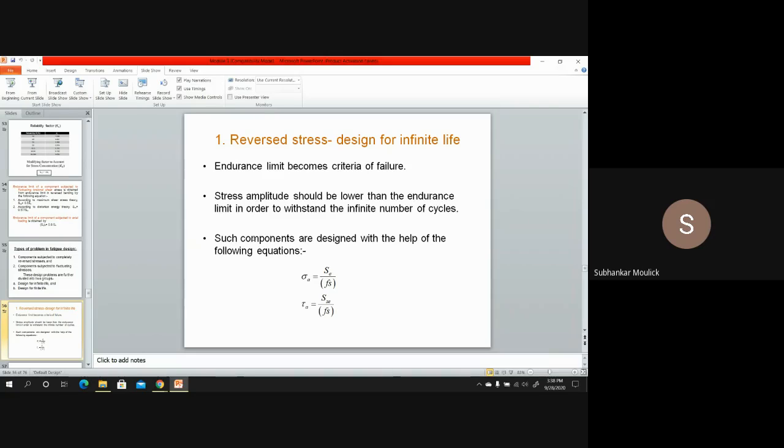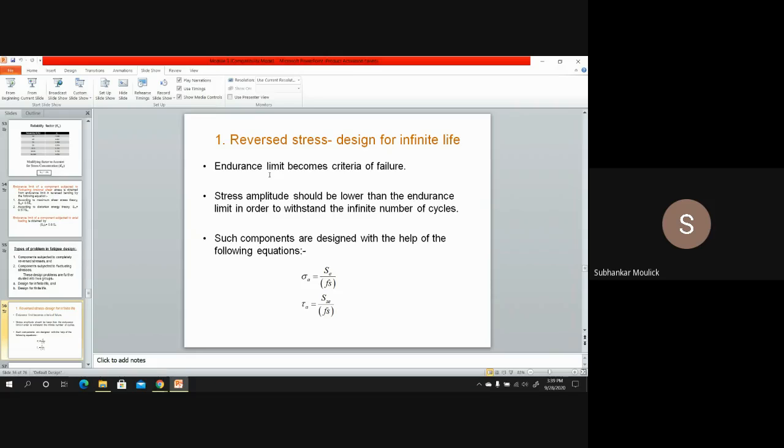So while designing, whatever stress you are calculating, you should keep in mind that the stress value should be lesser than the endurance limit value within an infinite number of cycles, so that it can withstand that infinite number of cycles. Because if the calculated stress amplitude is more than the endurance limit value, then the design will fail.